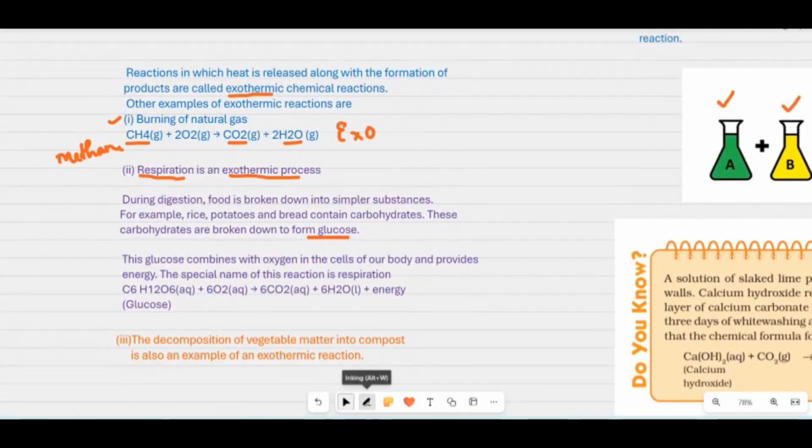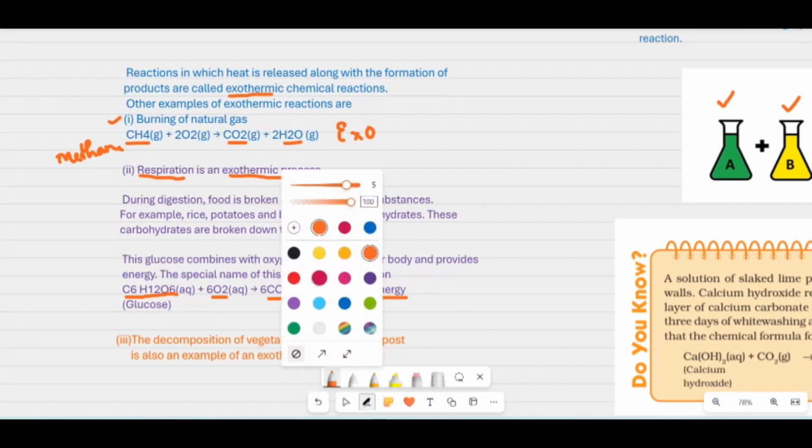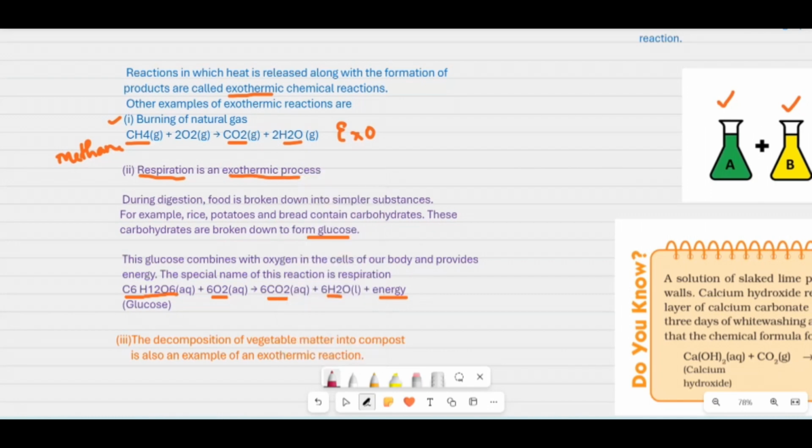So glucose formula you know already, that is C6H12O6. This combines with oxygen and forms carbon dioxide, water and a large amount of energy. And this energy is used for our day-to-day purposes. So this is the second example, and we have one more example of an exothermic reaction, and that is decomposition of vegetable matter into compost.